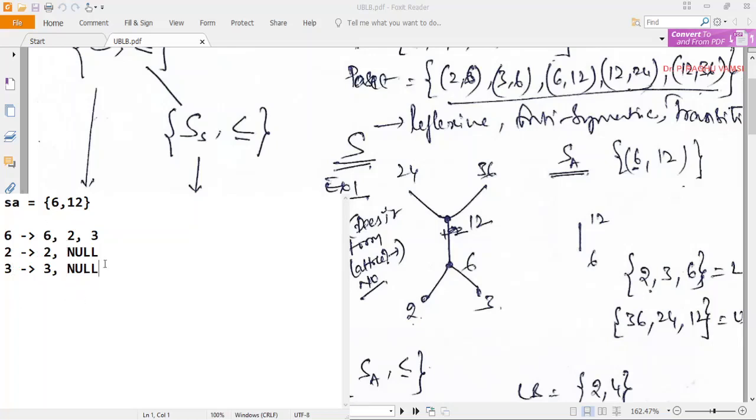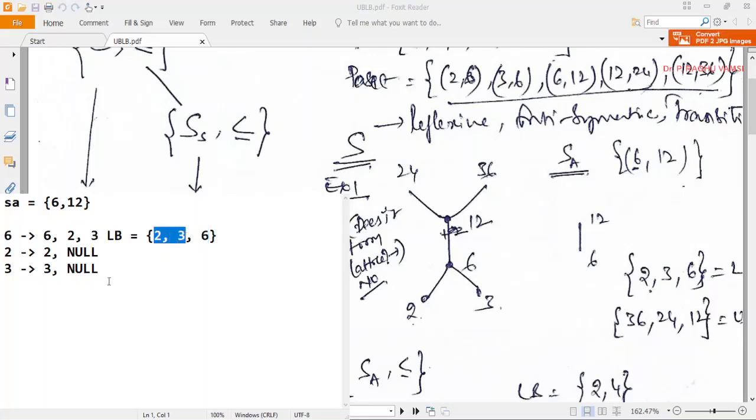Hence, whatever set we find for 6 will become the lower bound. So the lower bound is equal to 2, 3, 6. All these elements are less than or equal to 6.